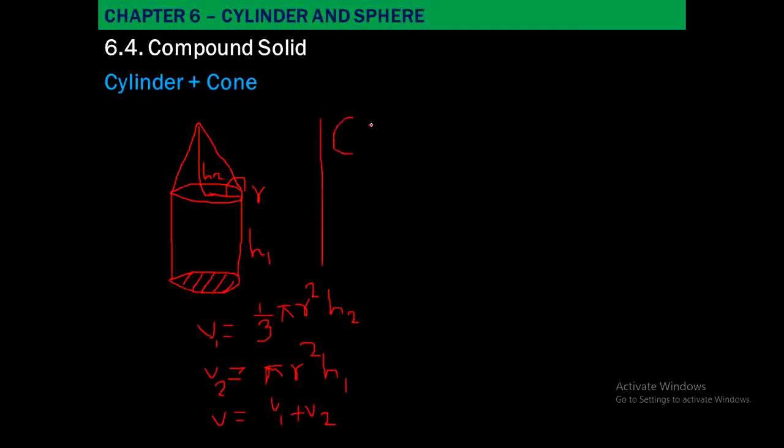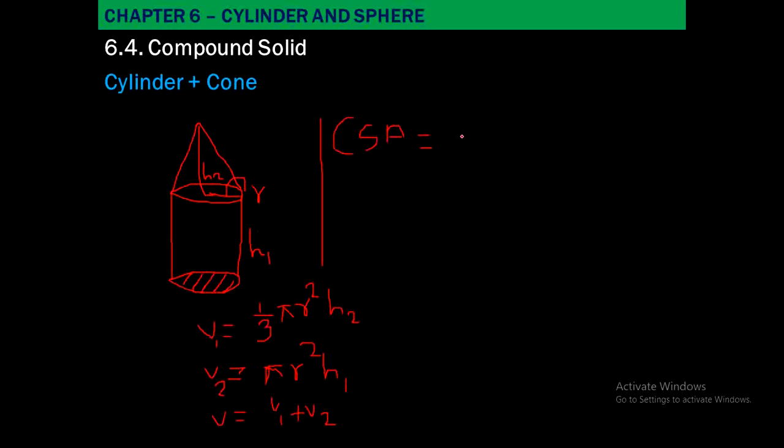Now CSA. CSA of the combined solid, or cylinder plus cone, is CSA of cylinder plus CSA of cone.